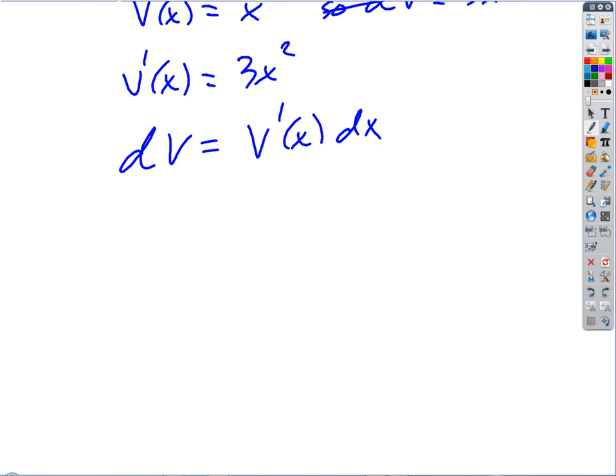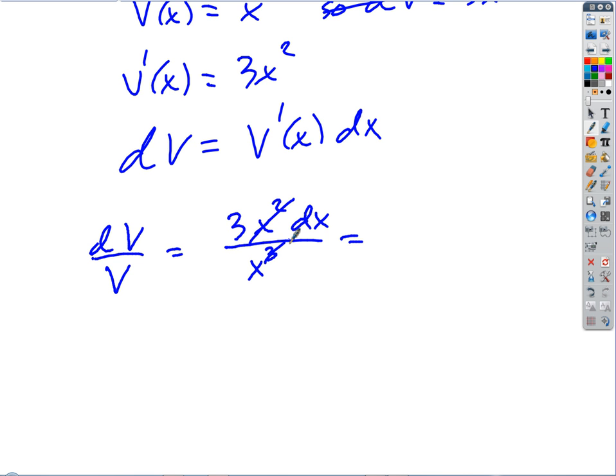Okay, so now if I want to find the relative error, propagated error here, what I'm really trying to find is dV over V, right? And that's going to equal 3x squared dx over, what's volume? Over x cubed. Okay, make sense? Okay, and so this is pretty simple.